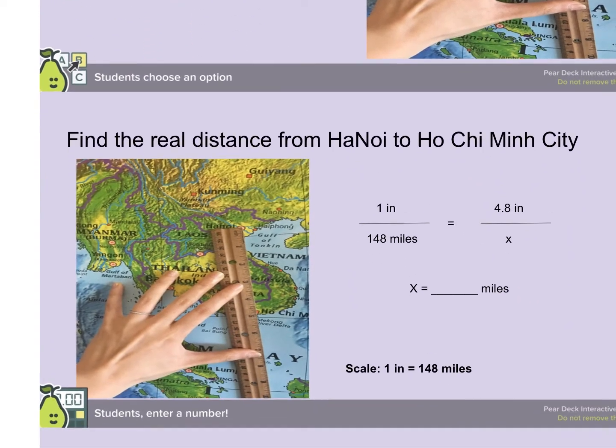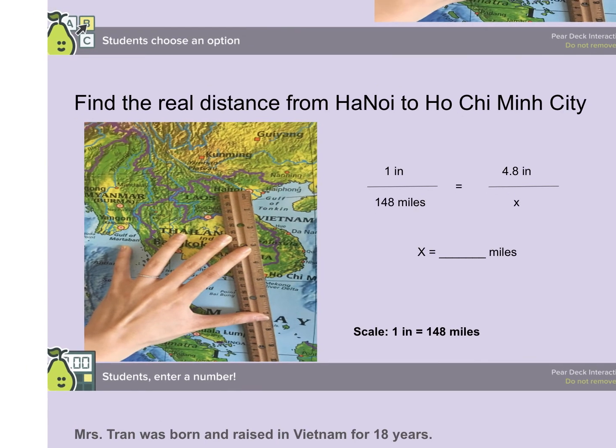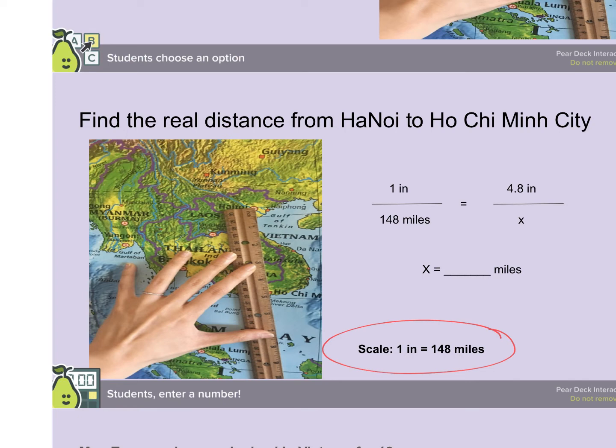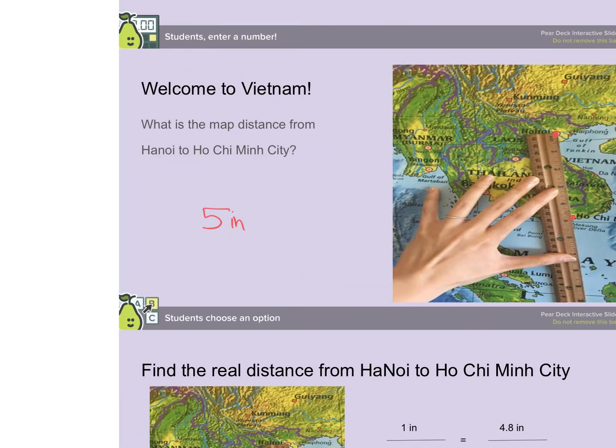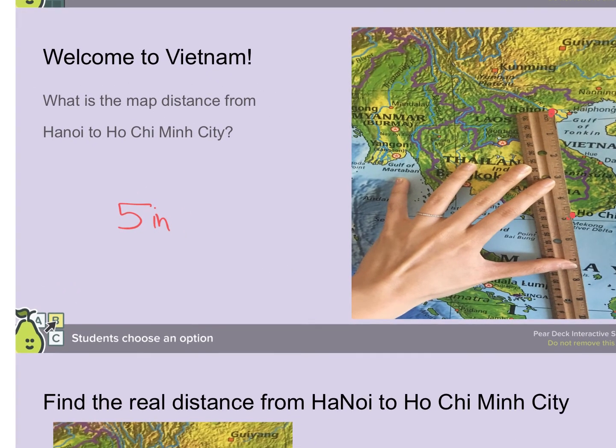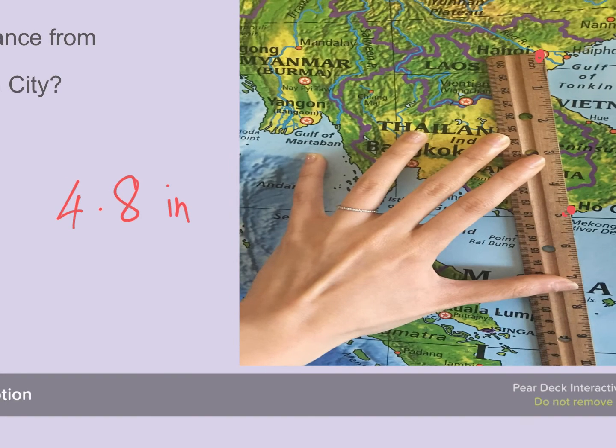All right, find the real distance from Hanoi to Ho Chi Minh City. We're going to use the same scale given, 1 inch to 148 miles. Ooh, my bad, it is not exactly 5, it is just 4.8. I apologize for that. Remember, decimals matter.